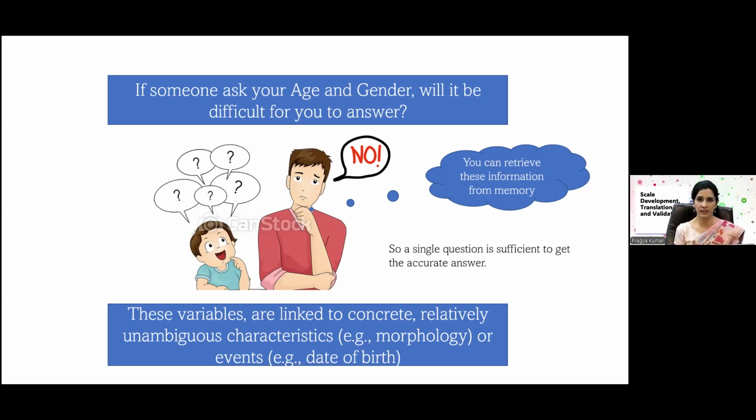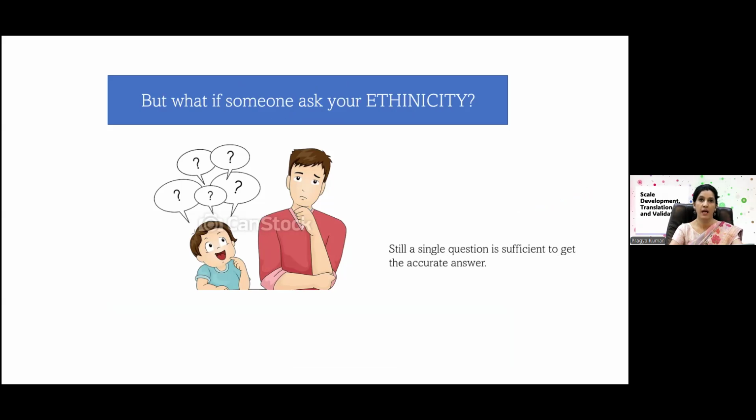So these are just examples that initially everything is like a construct, a very broad thing. And once you start measuring it, once you start paying attention to it, then you understand, okay, this is male and this is female, seeing the morphology or even the date of birth. But if someone asks about ethnicity, a single question will be difficult to answer.